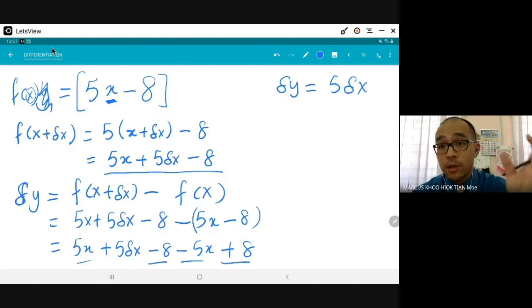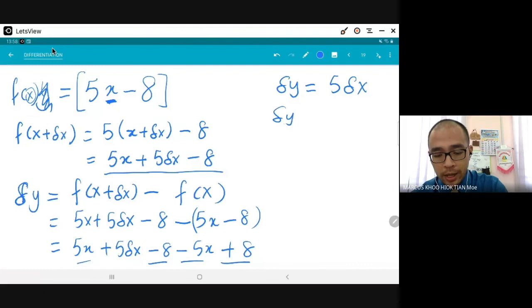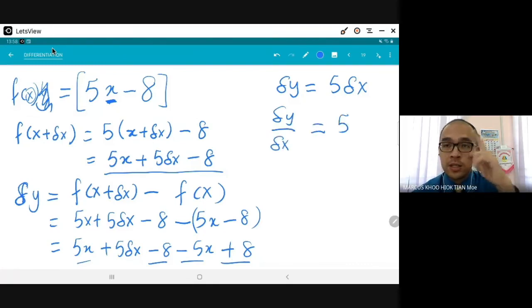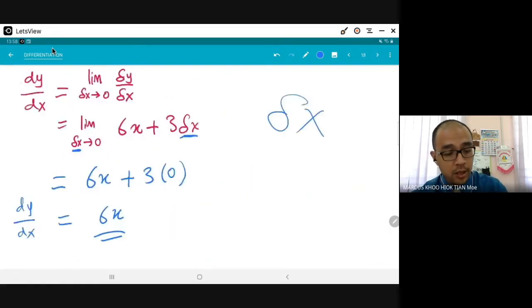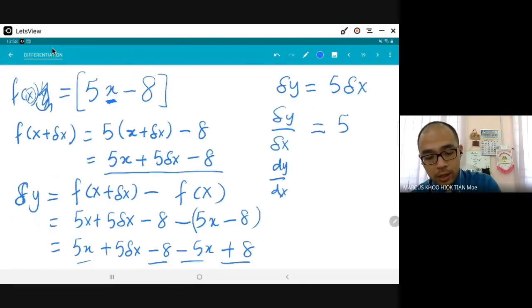Okay, tapi saya tidak mau del y lah, saya mau del y over del x. So, del y over del x equals to 5. So, what is dy dx? Dy dx, okay, tengok di sini. Dy dx is the limit of del y over del x when del x approaches 0.